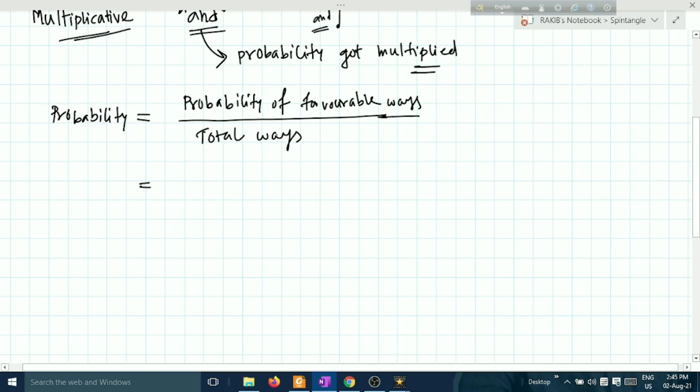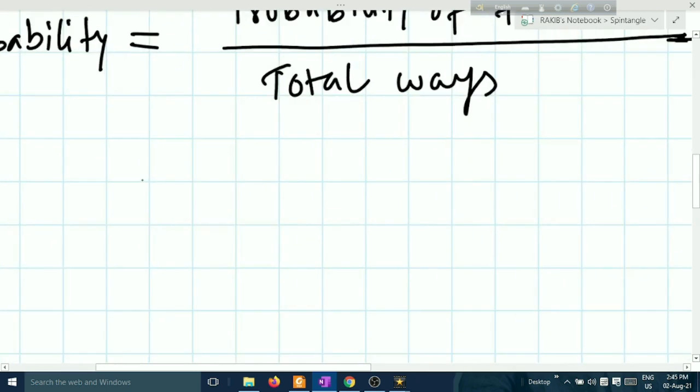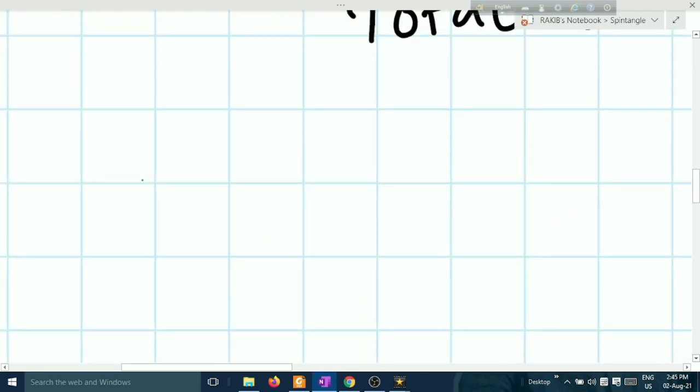Okay, probability of favorable ways. So when you are standing on this point, suppose this is the point and you are going to this point. If you are watching, I am zooming it. If you are starting from this point, here you have 1, 2, 3, 4 paths.